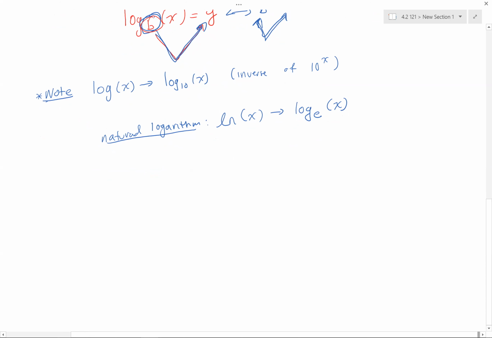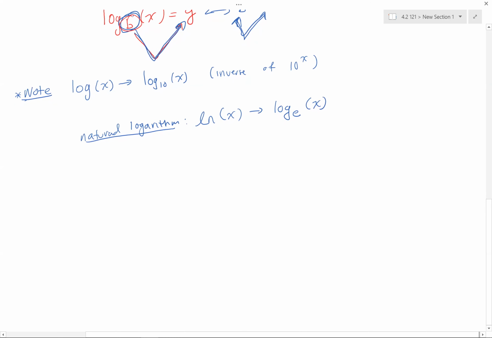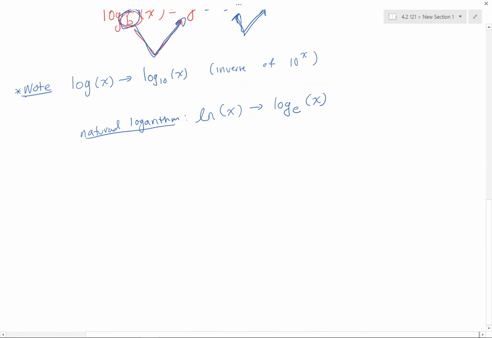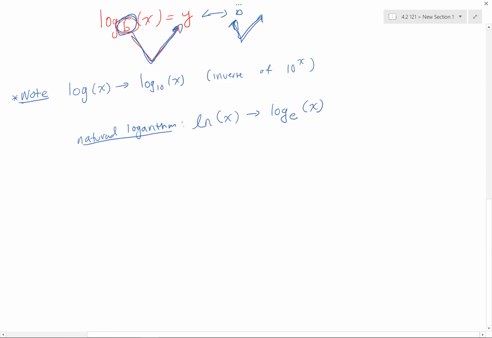Whenever I write log of something, it means log base 10. If I write ln of something, it's log base e. In future mathematical contexts, you may see that they change these definitions just a little bit. So just be aware of that. What I'm teaching you here is the common definition of log and ln.